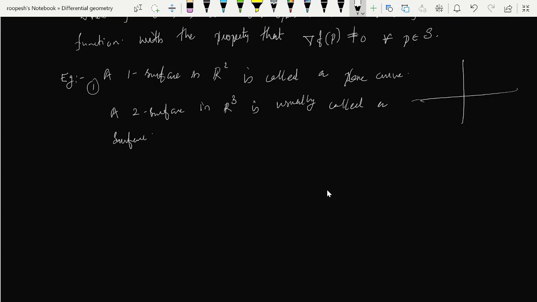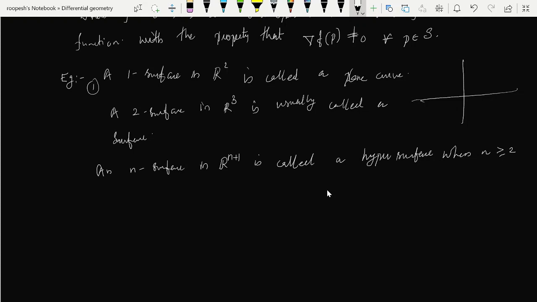Now generally, an n-surface in R^(n+1) is called a hypersurface when n is greater than or equal to 2.